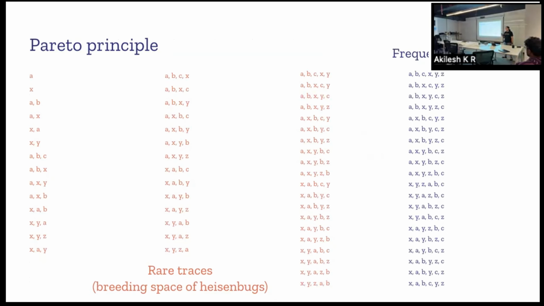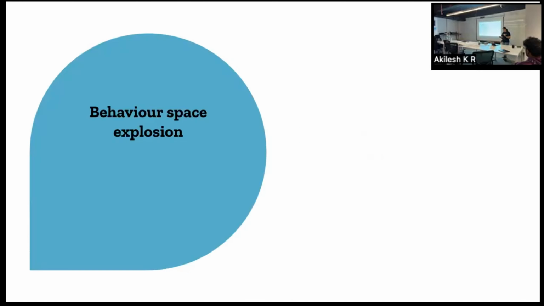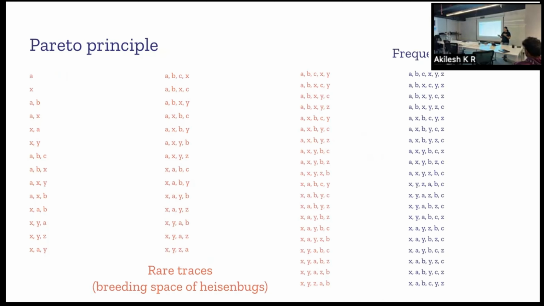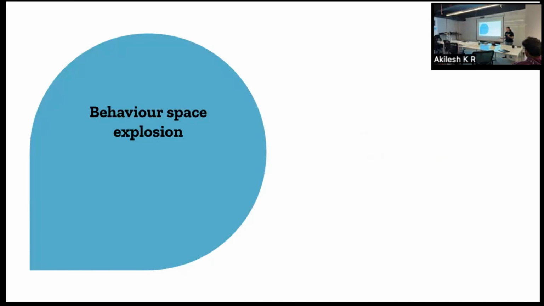The majority of the time, things are going to work, and there is a 10% or 20% of combinations which are going to fail, and the possibility of us hitting a particular combination that fails is going to be very rare. And that is the breeding space for these Heisenbugs. This explosion, where we went from 6 to 60 different combinations, is called behavior space explosion.